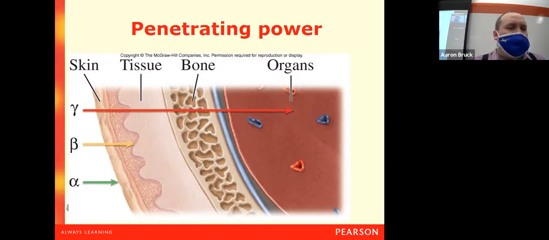Gamma radiation, on the other hand, this arrow doesn't even do it justice. With gamma radiation, we would be seeing this arrow extended, not just stopping at the organs, but going all the way through the picture.